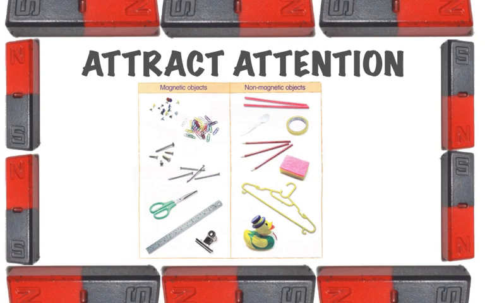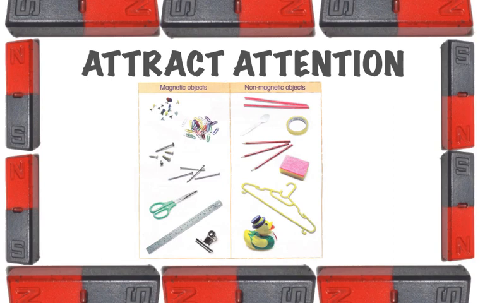So in the magnetic objects, we have some push pins, some paper clips, some nickel nails, we have some steel screws, we have a scissors, a metal ruler, and a paper clip or a fastener.